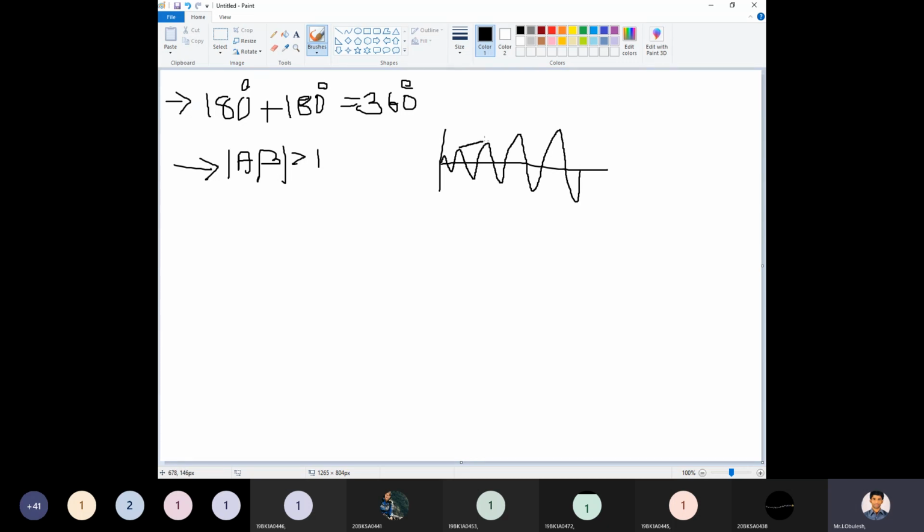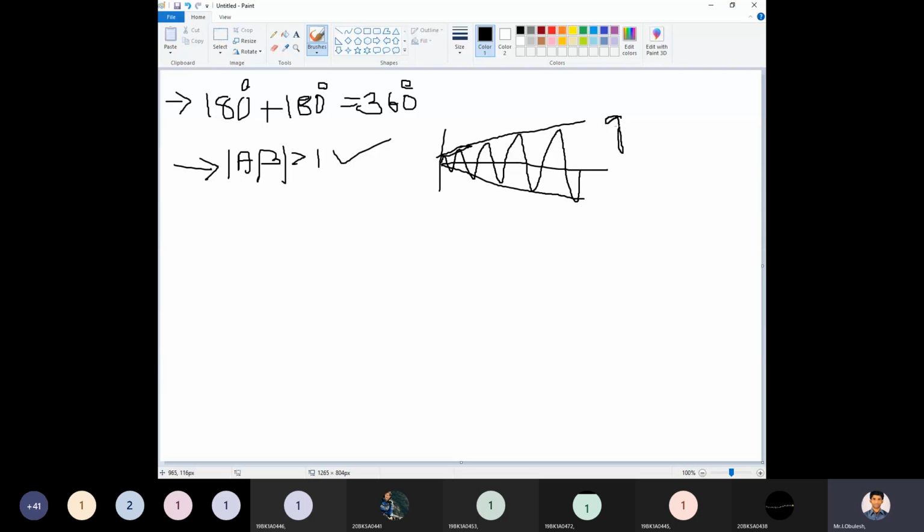See, growing type of oscillations we will get. So if A beta is greater than 1, the output oscillates but produces growing type of oscillations.